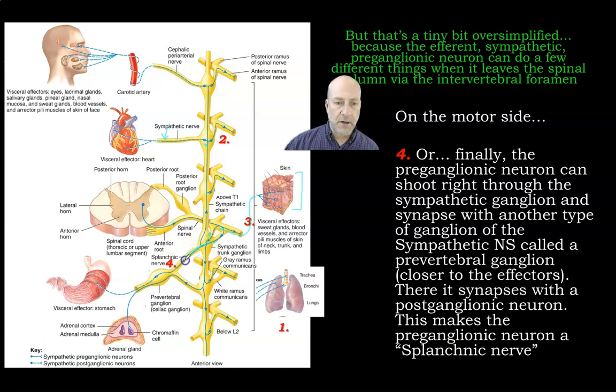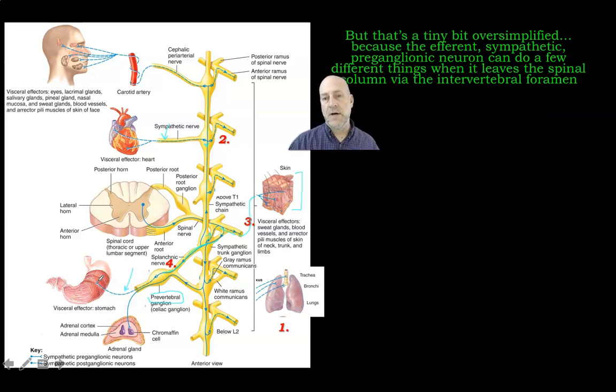I'm a splanchnic nerve. I go all the way out to a prevertebral ganglion, a little bit more lateral away from the spinal cord, and I synapse there, and then I do the same thing. I have my standard postganglionic neuron that just goes and feeds my standard organ or effector, and I have a sympathetic effect there. Okay? So those are the 4 we want to keep track of.